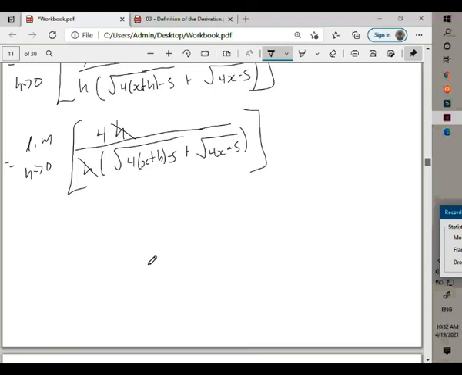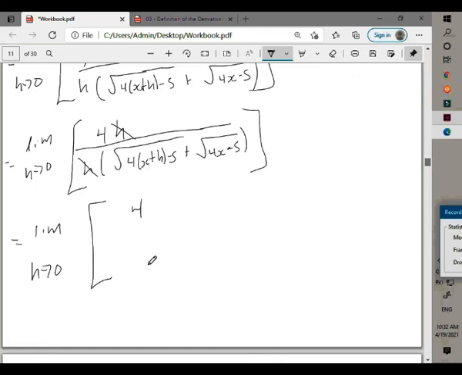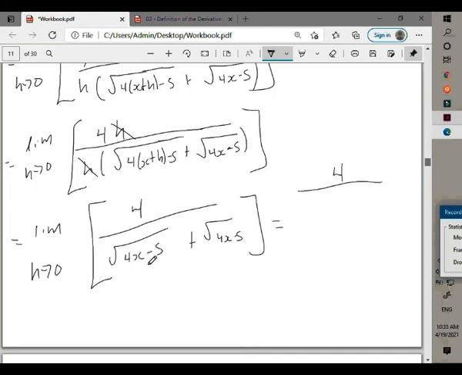Alright, good. So since we're here, let me just write this out now. Limit as h approaches 0 of 4 over, I'm going to substitute in 0 now, the root of 4x minus 5 plus the root of 4x minus 5. This is going to give me 4, like before.